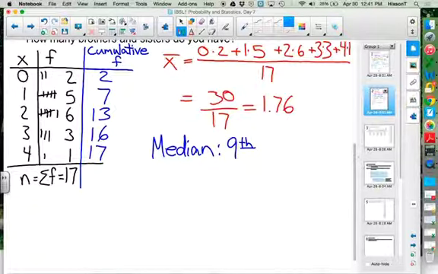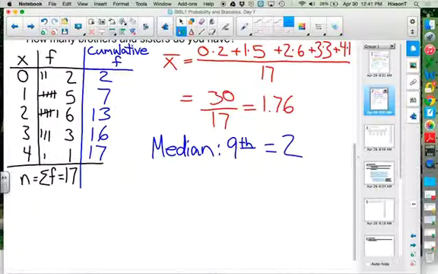So, our 9th score is going to be a what? It's a 2. Because the first 7 are right here. And if I got into the 3s, I'm at number 14, I should say. So the ninth one is somewhere in those 2s. All right?